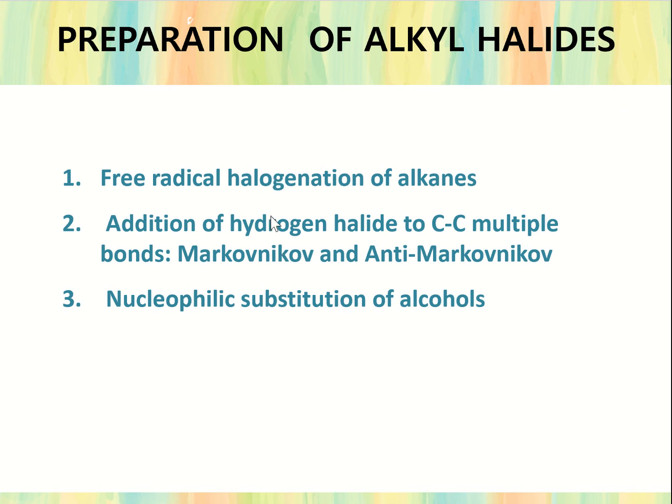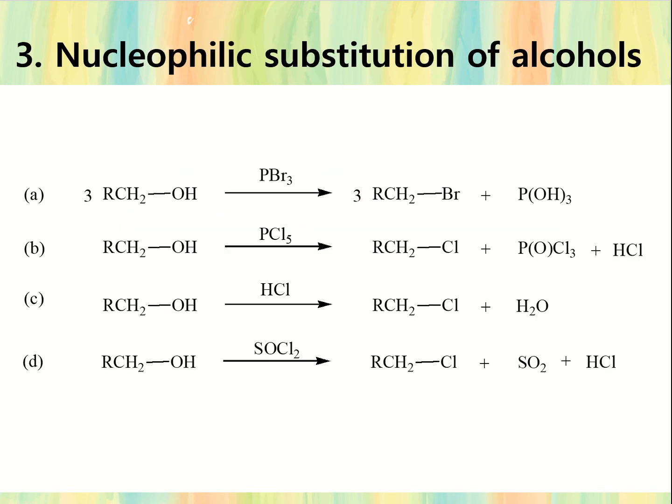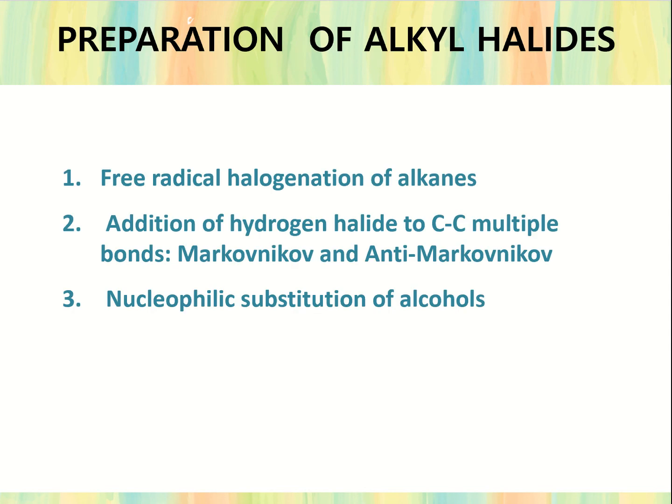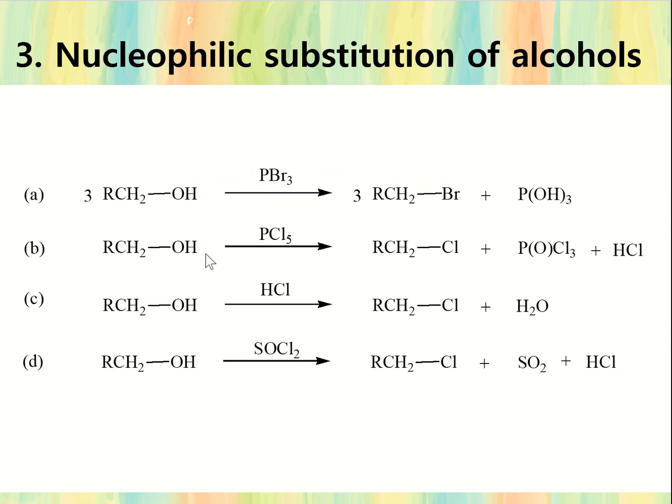So you definitely would have seen these two. Here we're looking at the nucleophilic substitution of alcohols as one way in which we prepare our alkyl halides, since we're already familiar with the other 2 methods, right?